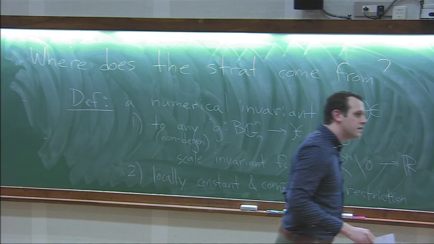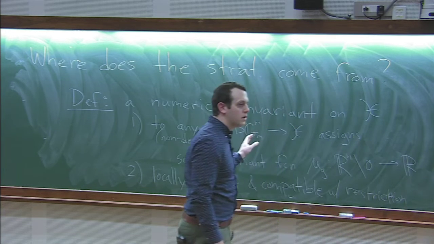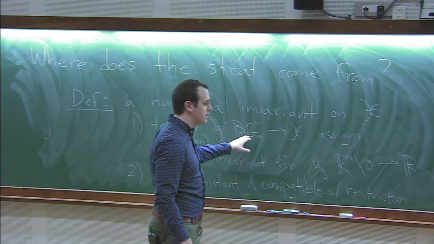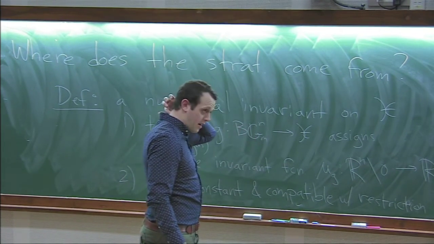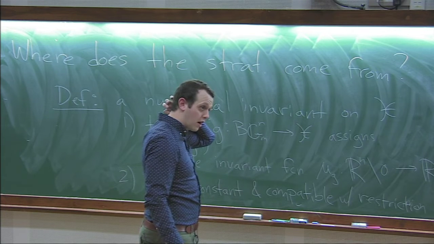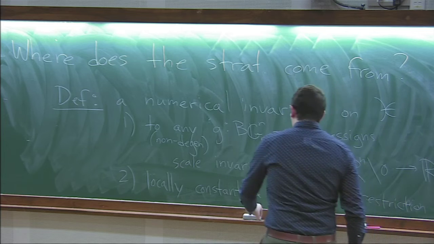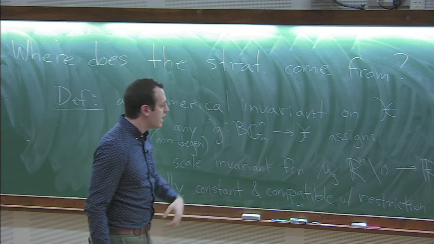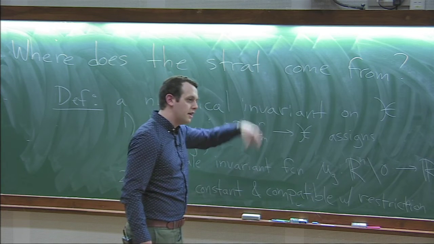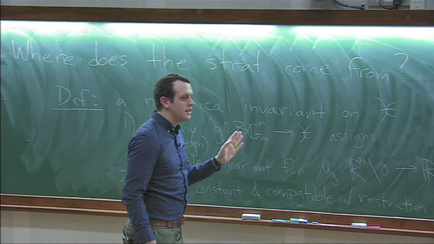Well, I mean, actually, no, this is a coordinate thing, but it's the Lie algebra of the torus. It's the cocharacter lattice of this torus tensor with R. That is how you should think about it. In particular, if you have just BG_m, this gives you a scale invariant function on R minus the origin, and that's basically just two numbers.